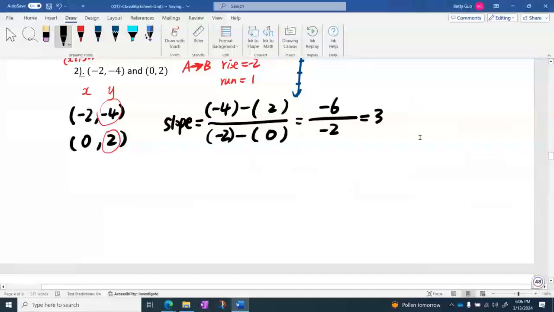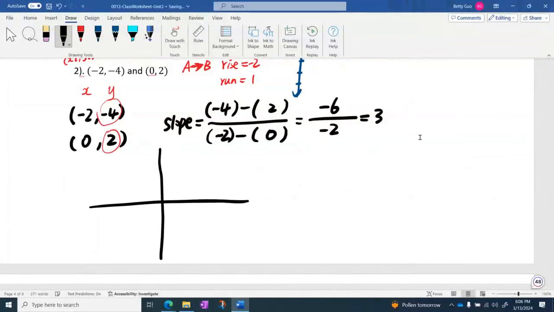Second method, we use the graphing method, right? Let's draw the rectangular coordinate system and plot the 2 points. The first point, negative 2, negative 4, in quadrant 3.